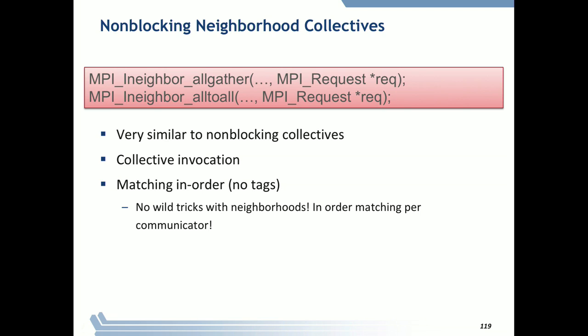And so a neighbor all-to-all is a way to express in a single operation that I'm going to be exchanging a bunch of data with my neighbors, and they're all going to be participating at the same time.